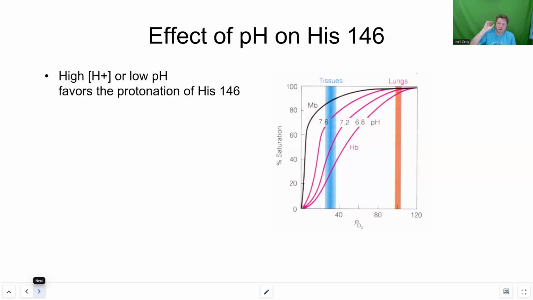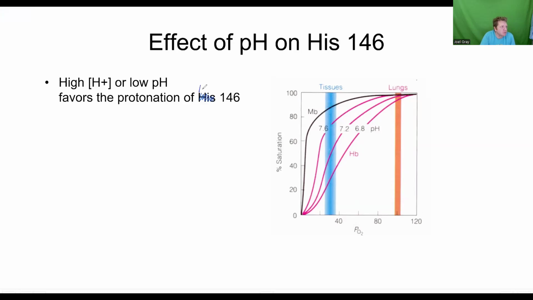Whenever I make a mutation of a histidine at, say, histidine 32, my function doesn't really change. Whenever I make a change at histidine 146, let's say I mutate this to something non-ionizable, so an alanine, chances are your oxygen binding curve of this, and I'm just going to label it as HbX, your mutant form of hemoglobin with an alanine in that position, that residue is not ionizable.